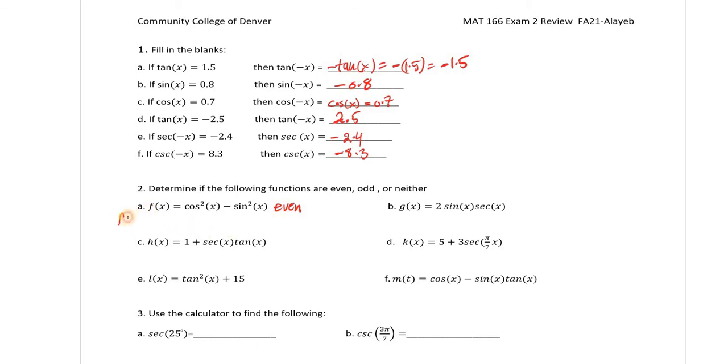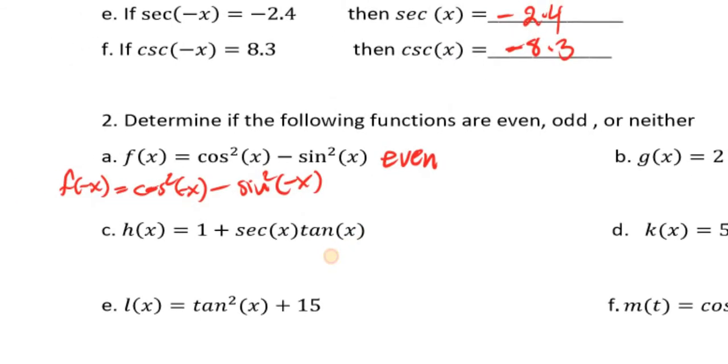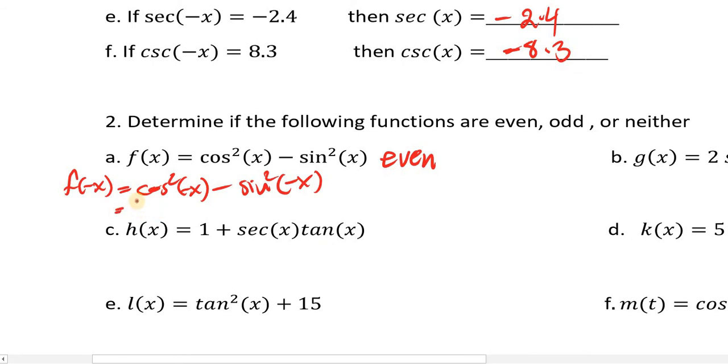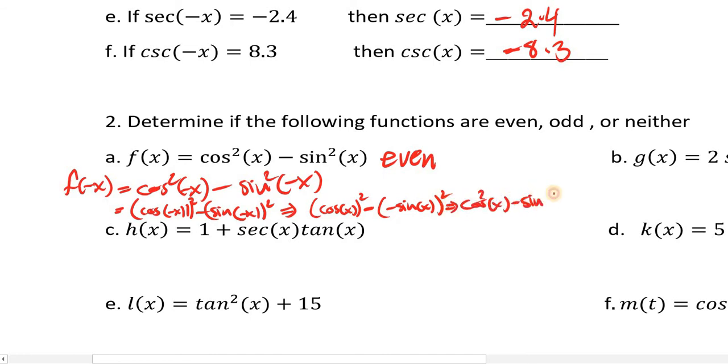To prove it, first replace each x with negative x. So f of negative x is equal to cosine square negative x minus sine square negative x, which I can simply write as cosine negative x all squared minus sine negative x all squared, which will give me cosine negative x is cosine x, minus, and then sine negative x is negative sine x, and that will give me cosine square x minus sine square x.